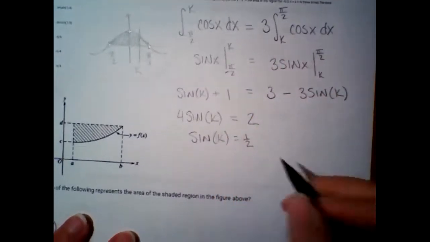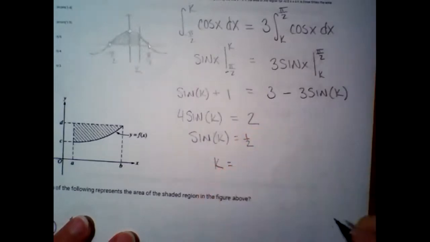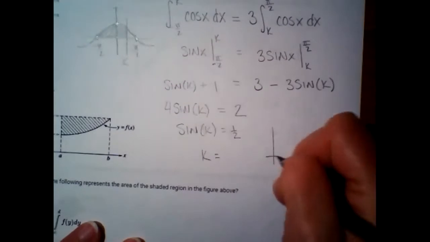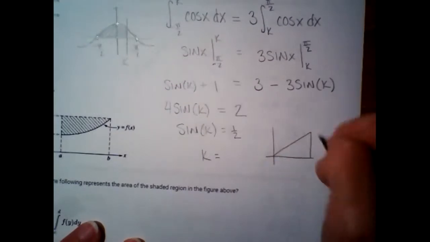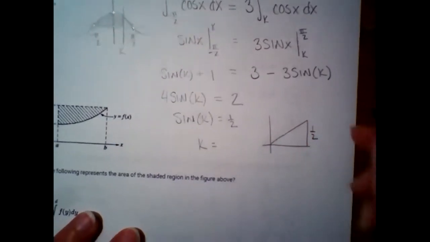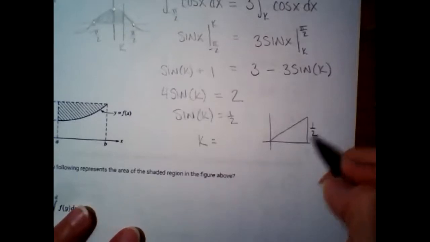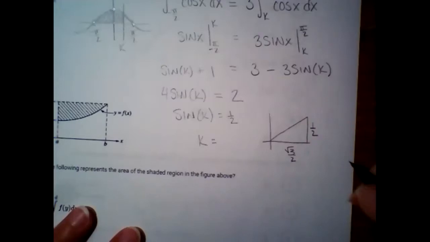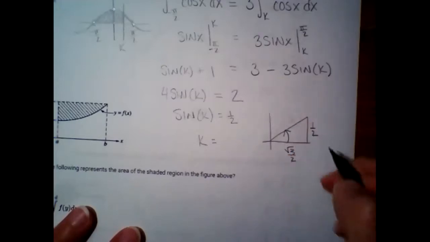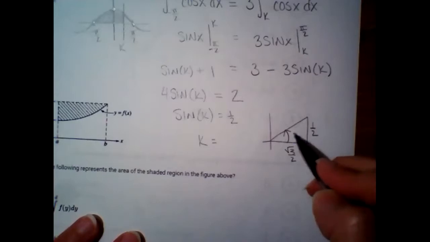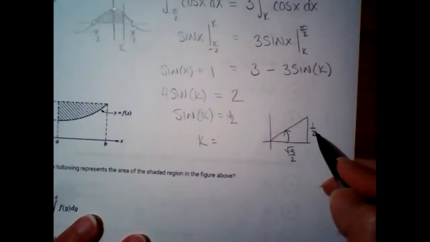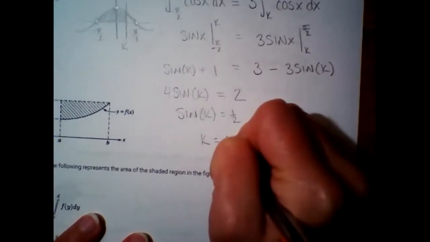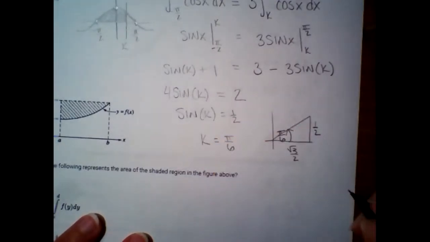And so we are looking for a place on our unit circle where sine is a half. Sine is the y value. So that would be this triangle where you have a 1/2 here, and then the other side would be square root of 3 over 2. We don't necessarily need that so much. What we're looking for is this angle that goes across from a half. And so the angle that goes across from the 1/2 is pi over 6. And so we get k is pi over 6.